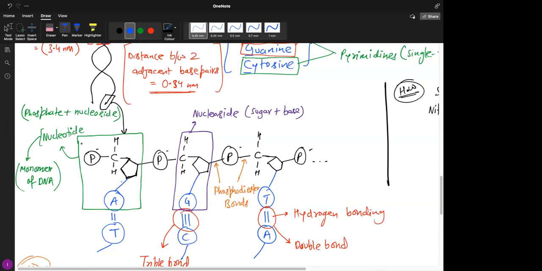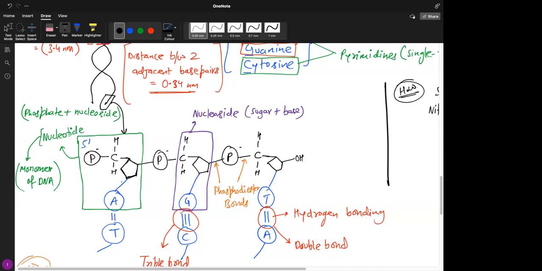Wherever you have your phosphate, we call that site 5 prime. And let me remove this phosphate to make it clear to you. When we have a sugar, at the end where this phosphate bond forms, there is an OH.